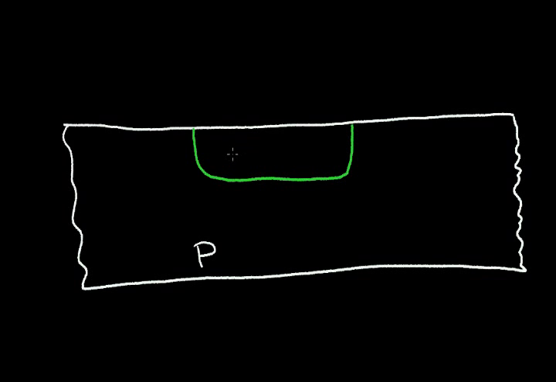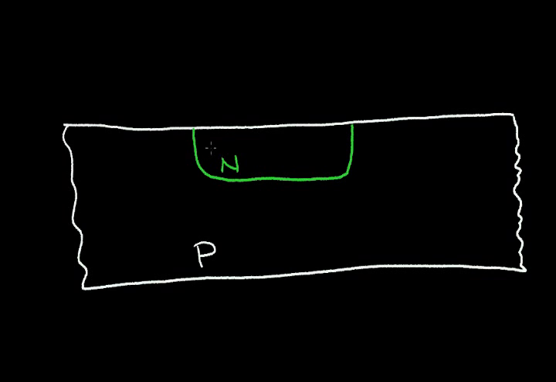And I could put in, for example, phosphorus impurities that would make this region an n-type material. When I do that, this n-type material has to have a higher concentration of impurities than the p region. Otherwise, it couldn't invert the p region and turn it into an n region.